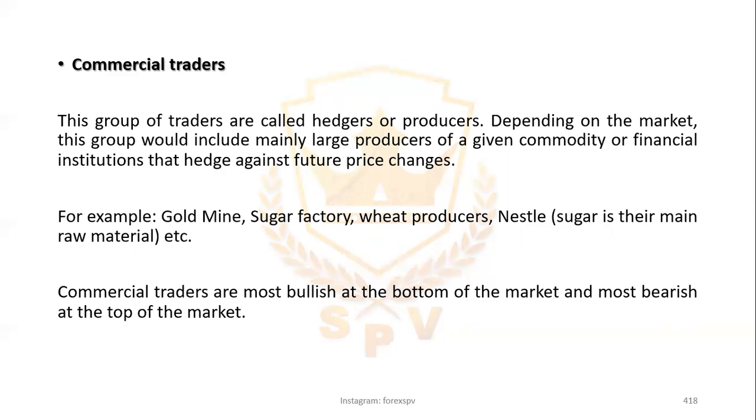So they basically stay on the other side of the trade. If the market is buying, they'll be selling. If the market is selling, they'll be buying. So they're basically on the other side of the trend.